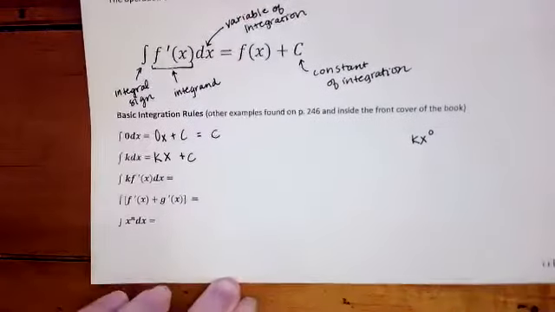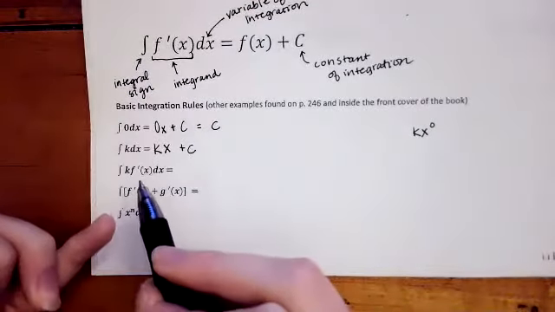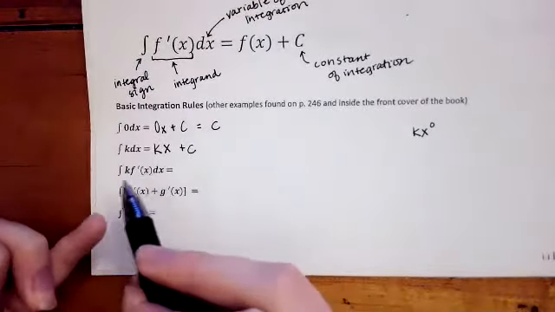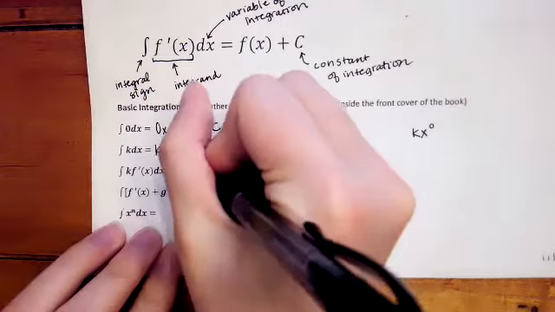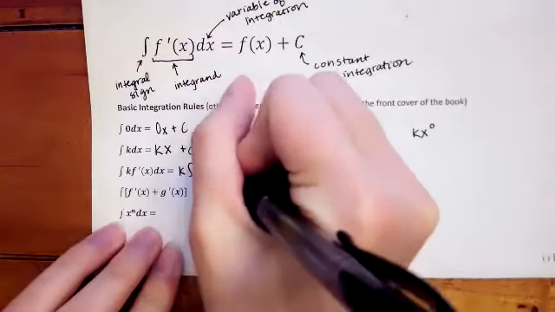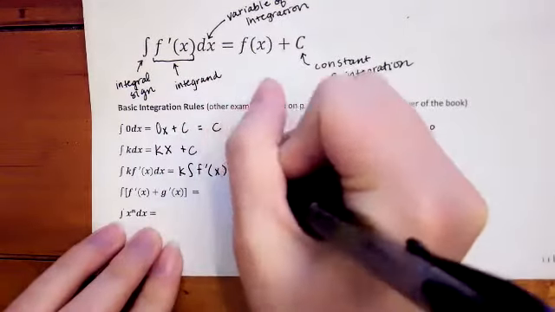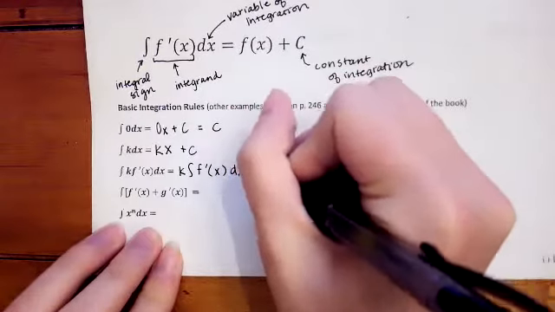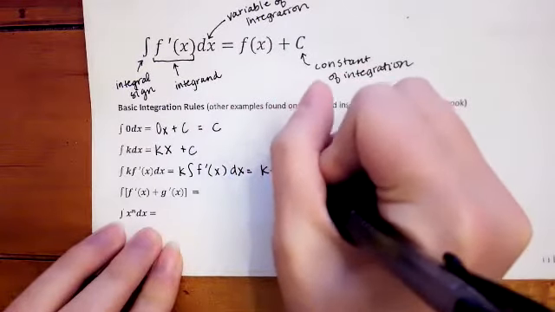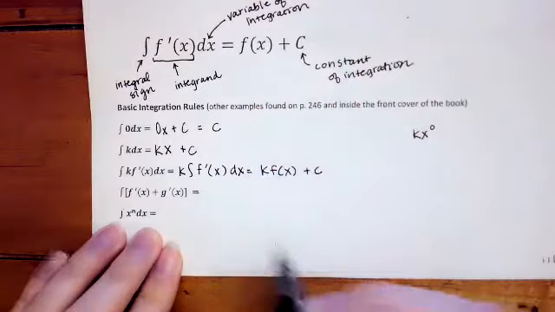Okay. Now, if I have a constant times a function, so k times f prime of x, I can actually take that k outside the integral sign and just take the integral of f prime of x dx, which will give us k f of x plus c.